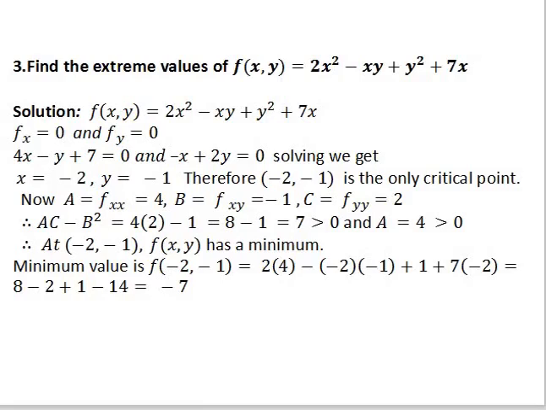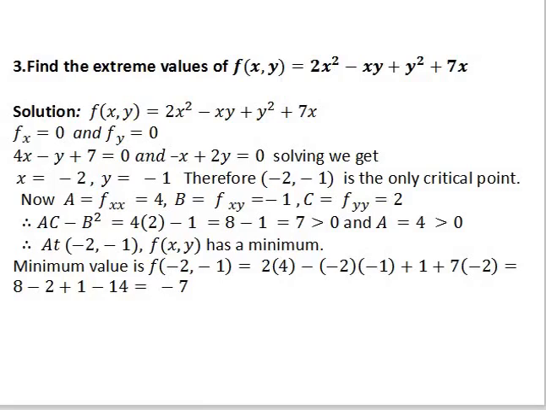Differentiating partially with respect to x: the derivative of 2x² is 4x, derivative of -xy is -y, plus derivative of 7x is 7, equal to 0. And differentiating partially with respect to y: -xy derivative is -x, plus derivative of y² is 2y, equal to 0. In this problem, the critical point is not given. We have to find the critical point by solving these two equations.